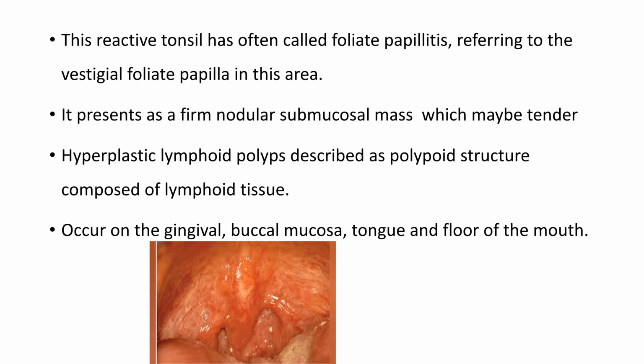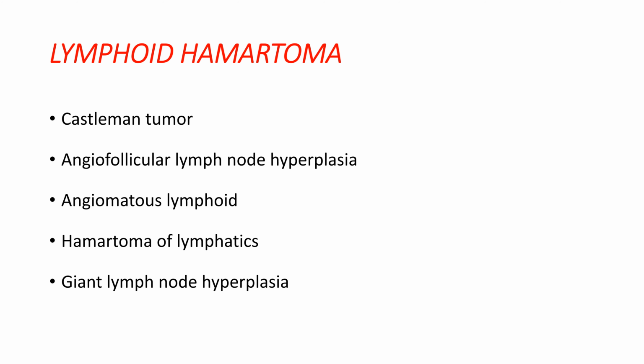Next type is lymphoid hamartoma. It is otherwise known as Castleman tumor, angiofollicular lymph node hyperplasia, angiomatous lymphoid hamartoma of lymphatics, giant lymph node hyperplasia.